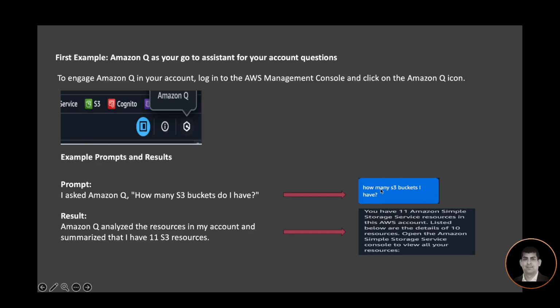Amazon Q looks into my account and pretty quickly tells me that, based on the analysis, I have 11 S3 buckets. So this is the response I got, and it's like my assistant. I'm asking the question and getting the response back without making six clicks myself to look at the resources.